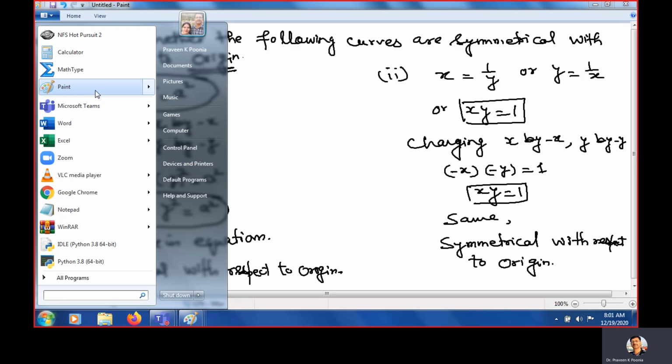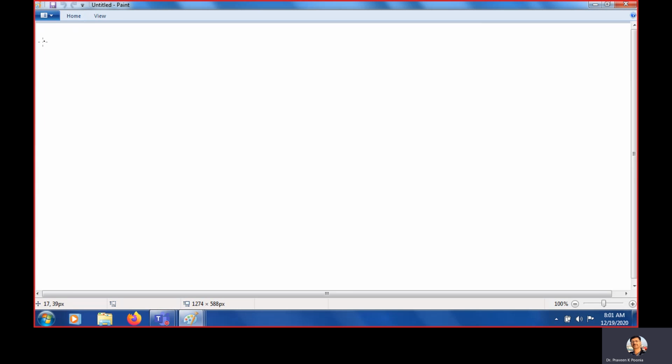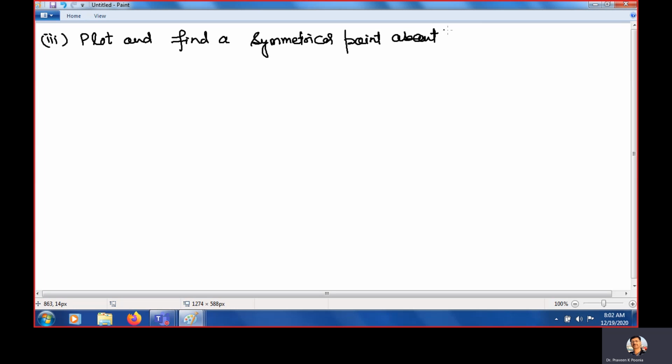And if we want to mark the third type of question here, what is it? Plot and find a symmetrical point about, or with respect to, origin.